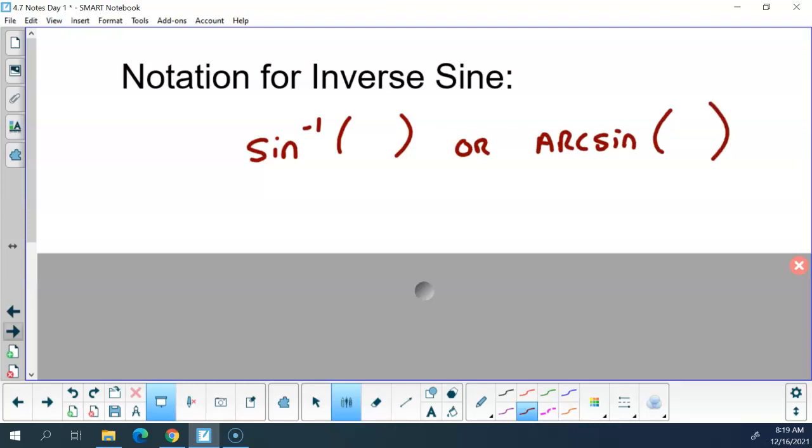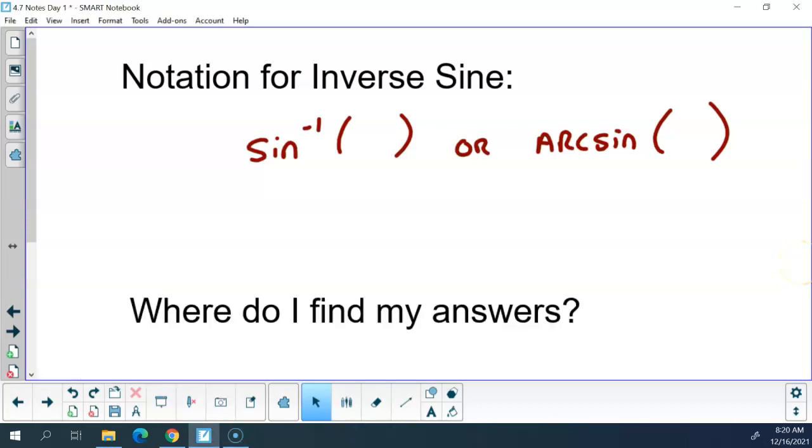Arc sine. So, if we're putting numbers into our inverse function and we're getting out an angle, we got to figure out where we can find our answers so that we can utilize that.